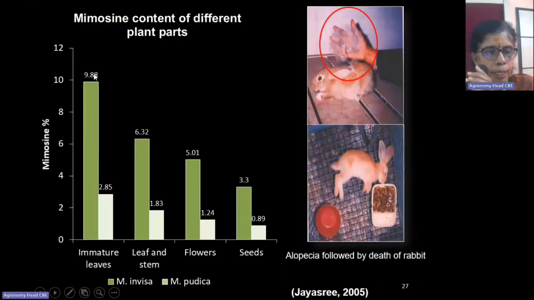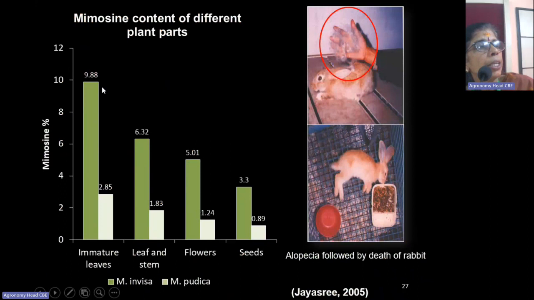This is a study done in KAU in 2005 as part of a PhD work under the guidance of Dr. C.T. Abraham, the S12 PI, on how the mimosine content of the different plant parts of Mimosa invisa affects rabbits: alopecia followed by death. Alopecia means the hairs and the skin are lost.